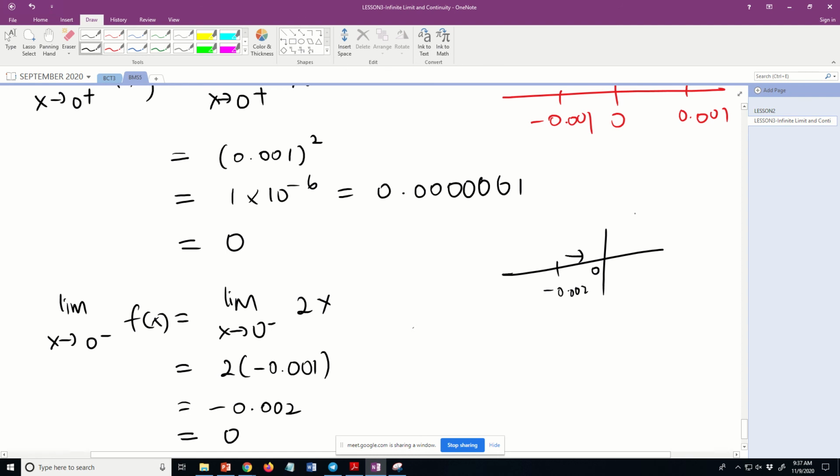Okay, based on these two, what is our last conclusion? Yes, correct. So limit x approaches 0 for function fx exists lah. Okay, last conclusion saya, dia punya limit tu exists.